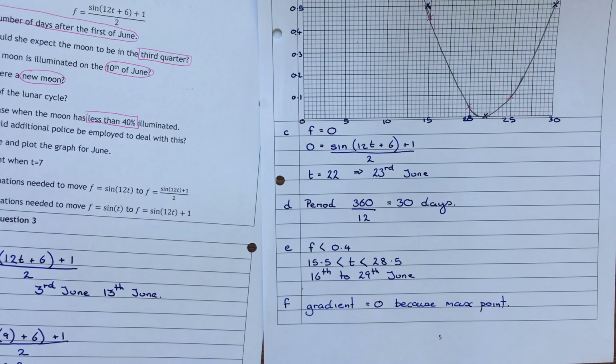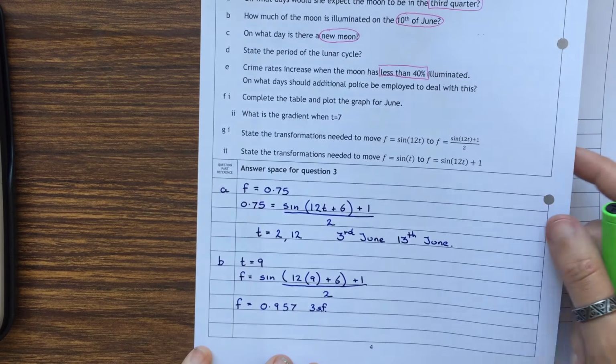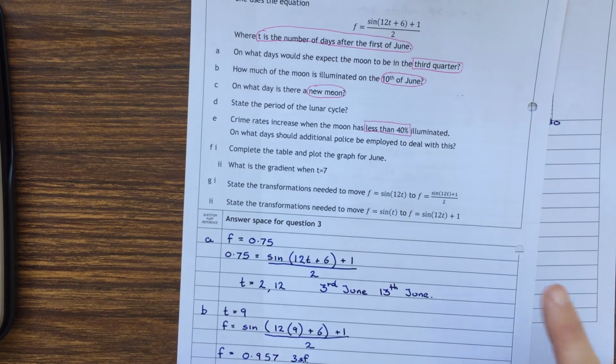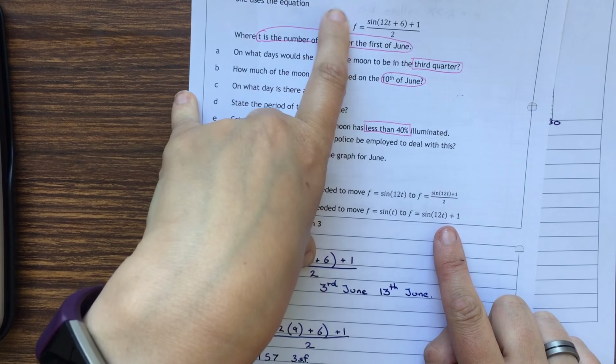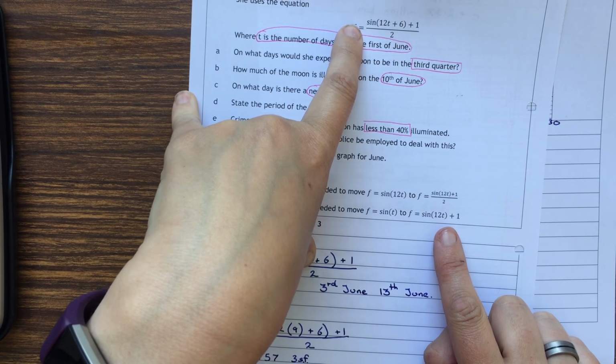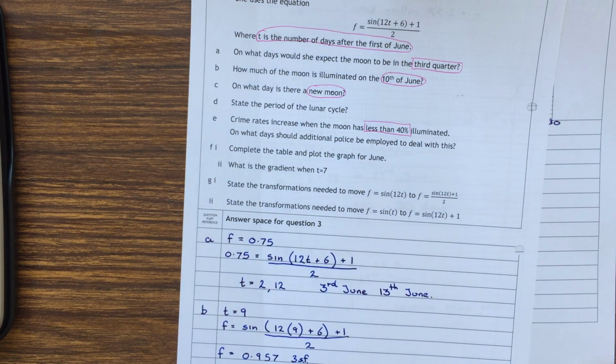Okay, lastly, we are asked for the transformations. You need to be a little bit careful here because often the equations that they've got here aren't quite the same as the ones they've got here. So for example, this one has lost the plus t just so that it makes it a little bit easier.